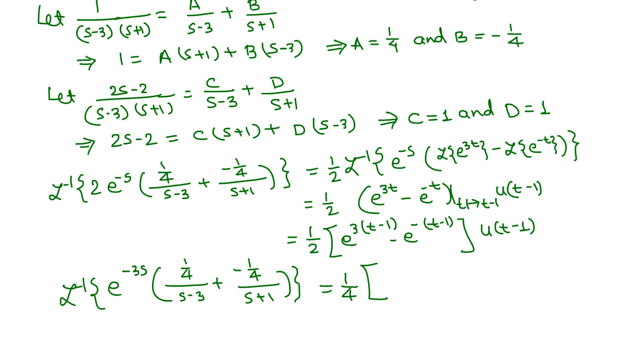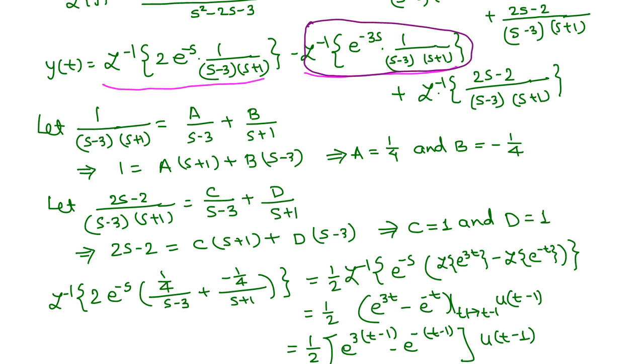It's the same thing, only the unit step function is different: u of t minus 3. We have e to the 3t and e to the negative t, and t goes to t minus 3, so it will be e to the 3 times t minus 3, minus e to the negative t minus 3. This is the inverse Laplace of the second part.